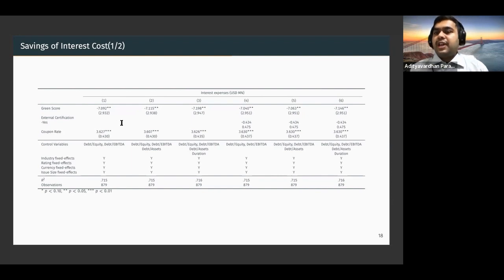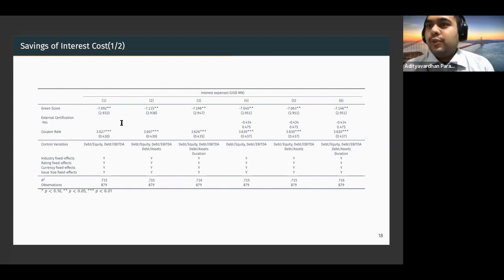So this regression analyzes the impact of the interest expenses, which represent the coupon rate or the interest side of the green instruments, where we see that the green score has a negative and significant coefficient, which implies that as the green score increases, the bonds have a lower interest expense.